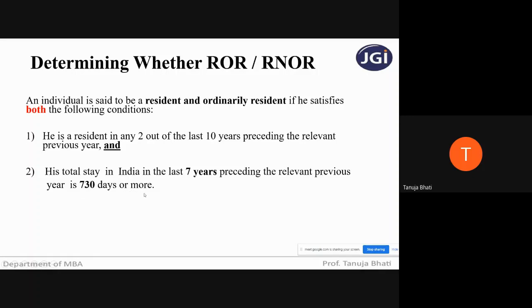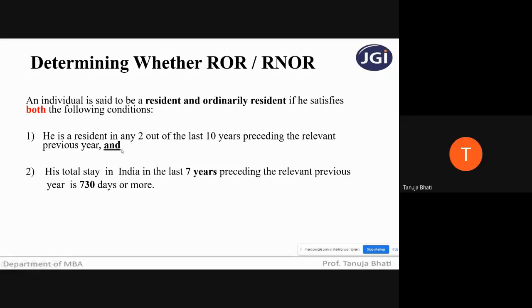You have to check. If he fulfills both these conditions, then he is said to be resident and ordinarily resident. Suppose he fulfills only one of these conditions or none, then he is said to be resident but not ordinarily resident.